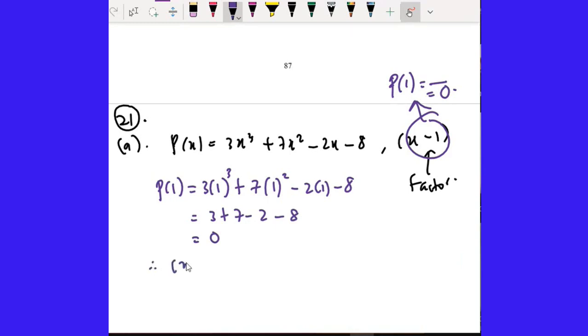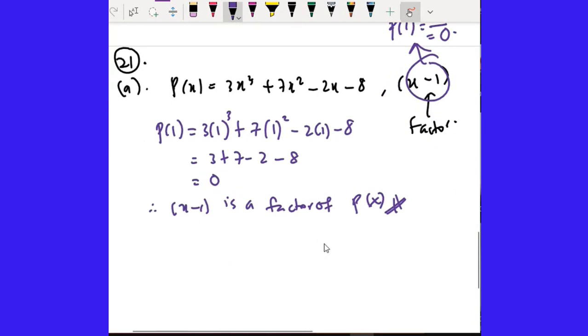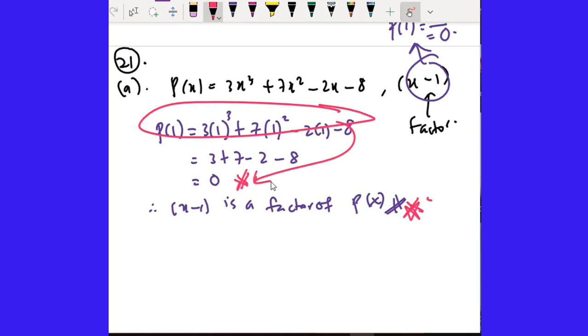Okay, therefore, just follow the question: show that x minus 1 is a factor of the polynomial P(x). Settle. So that normally gives us certain marks. Okay, this is quite important. Start until this 0, then conclusion. Show that you substitute and it is equal to 0.